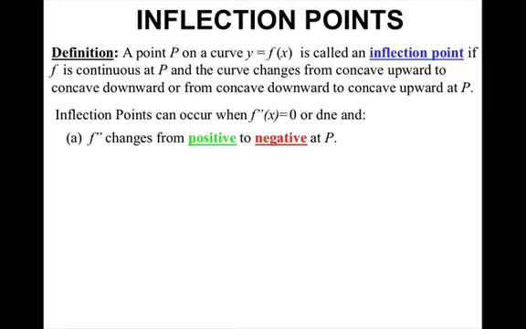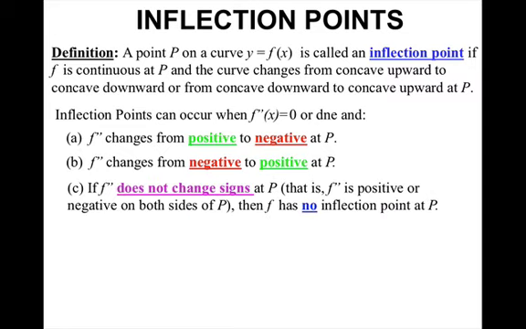And f double prime changes from positive to negative at P. F double prime changes from negative to positive at P. And if f double prime does not change signs at P, that is, f double prime is positive or negative on both sides of P, then f has no inflection point at P.